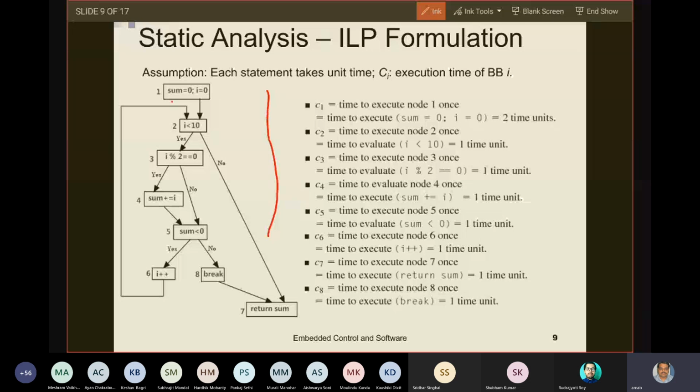Now, given this control flow graph, what is the approach for finding the worst case execution time? We first find the individual worst case execution times of each basic block. And why is that relatively easy? Because we know that each basic block is a sequential piece of code which will always run one after another. There are no loops or conditions.